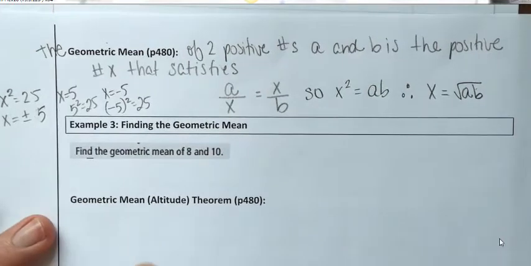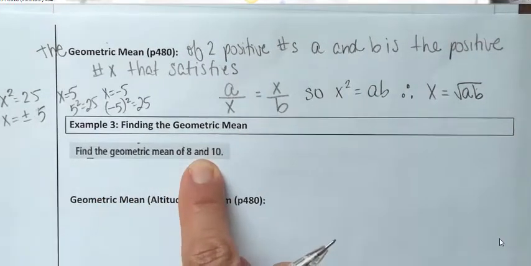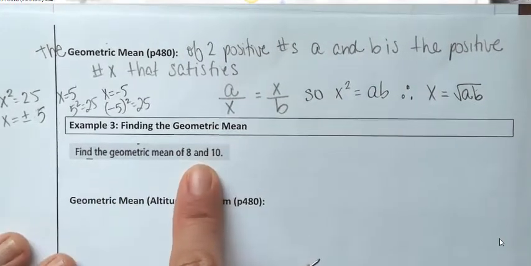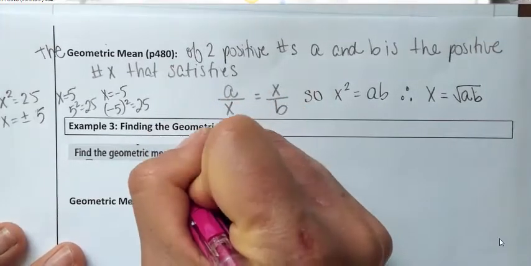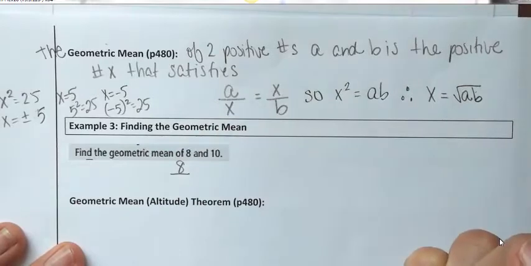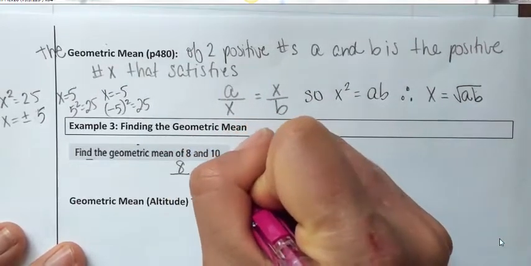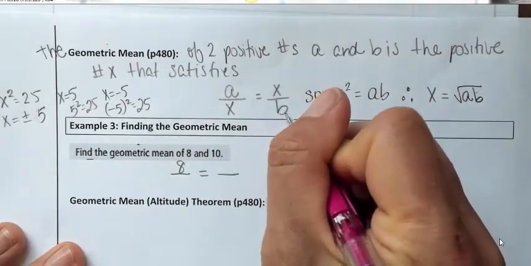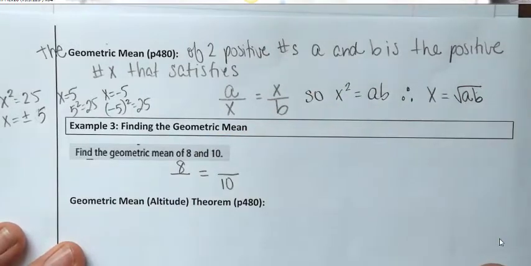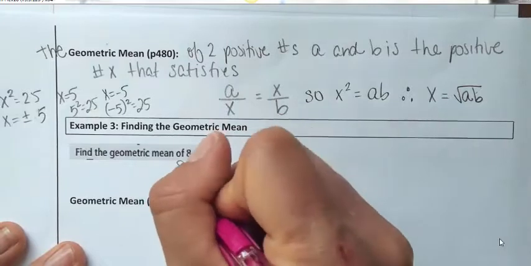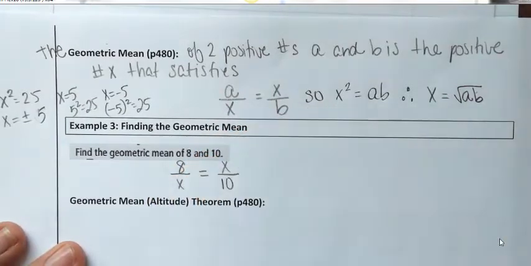All right, so let's find the geometric mean of 8 and 10. All right, so this is really easy. You basically set it up just like this. 8 goes in the numerator of the first ratio in the proportion, and 10, my b, will go in the denominator of the second ratio in the proportion. And then the unknown goes here.